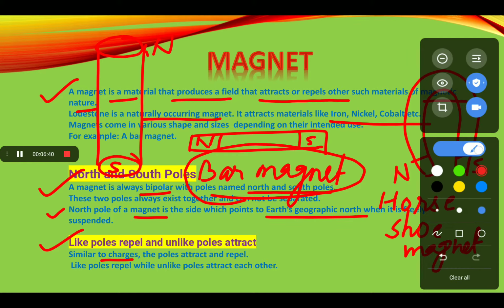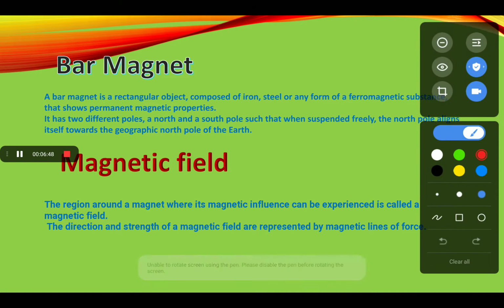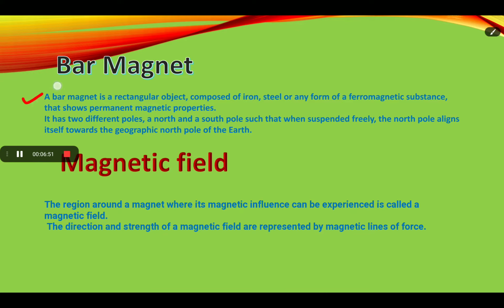Now, in the next slide, the topic is bar magnet. What is a bar magnet? A bar magnet is a rectangular object composed of iron, steel or any form of ferromagnetic substance. A bar magnet always shows permanent magnetic properties, which means it cannot lose its magnetism.